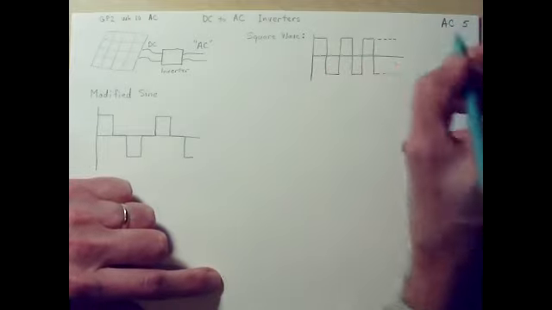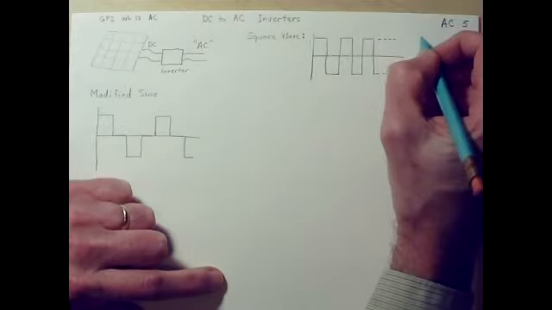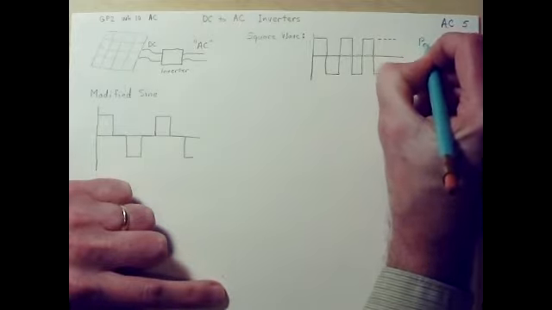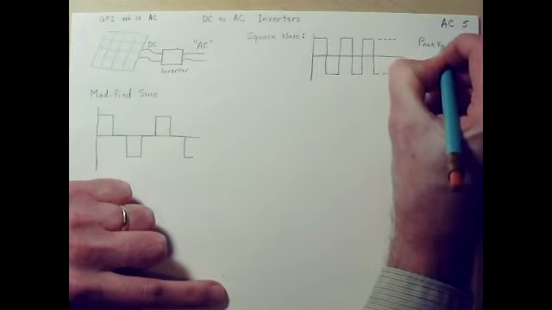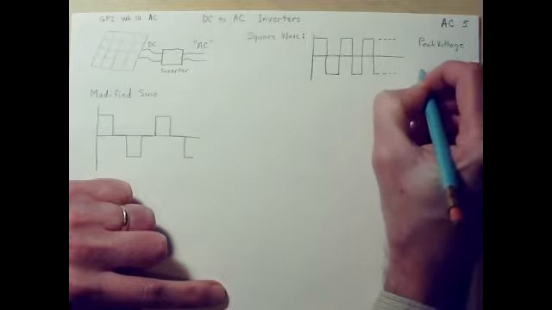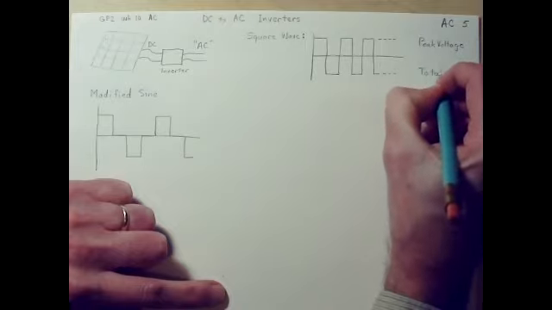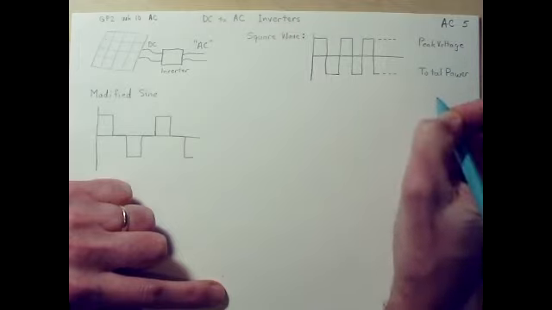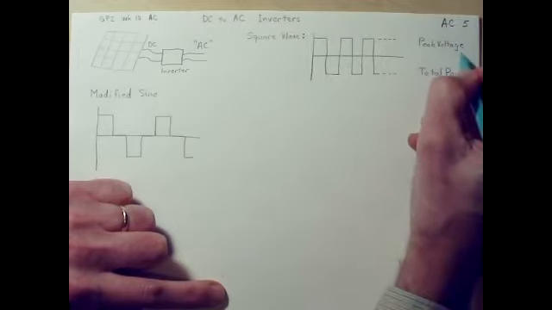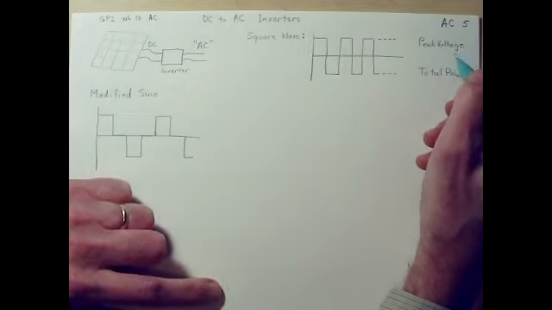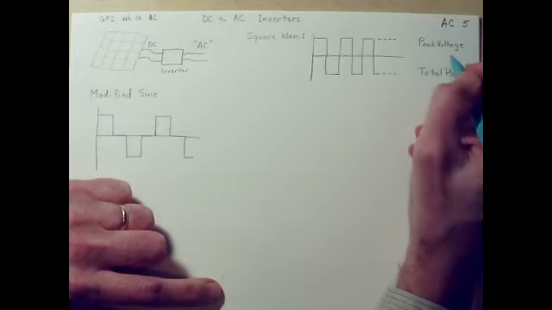If you have something like that, what you find is devices are made, some of them use the peak voltage, and some of them use sort of the total power that comes out. And the devices that use the peak voltage from an ordinary 120 volt source, an AC source, the peak voltage isn't 120 volts.